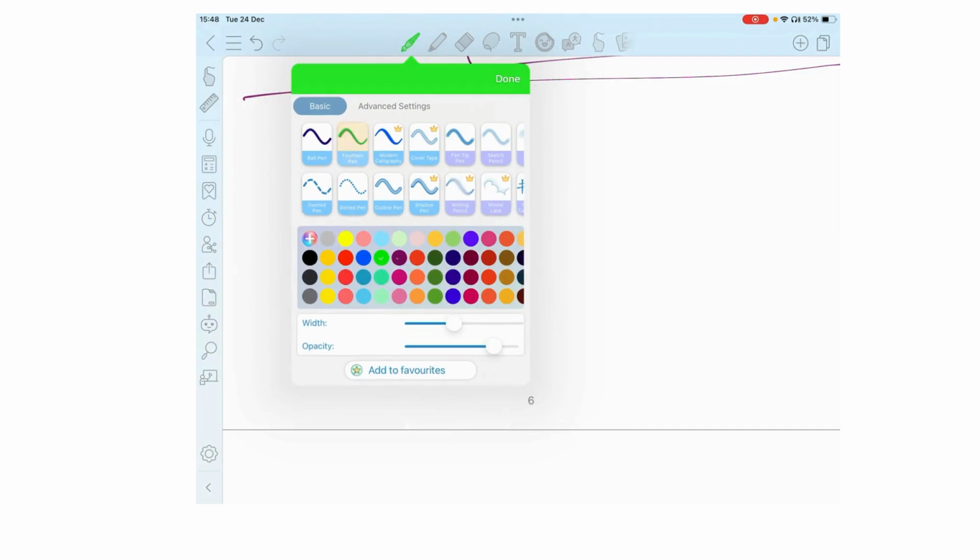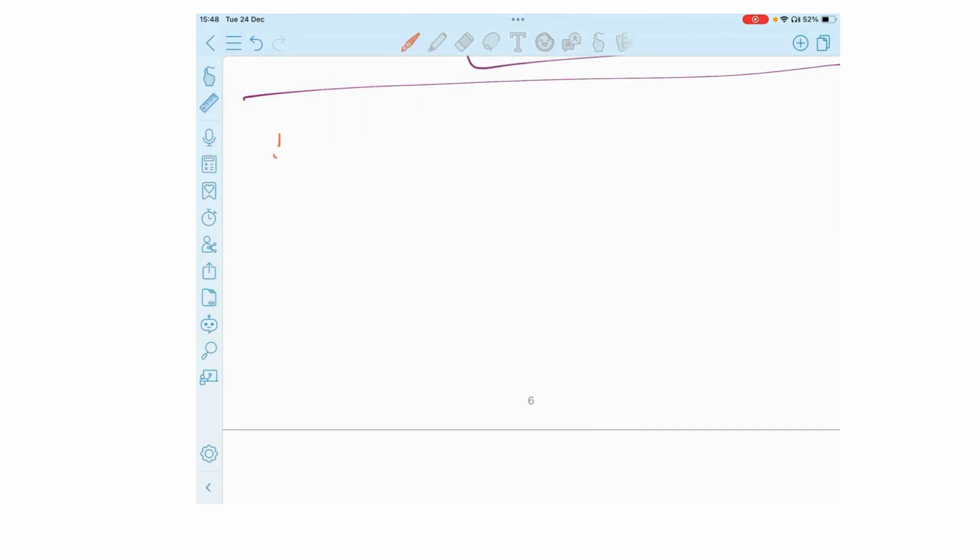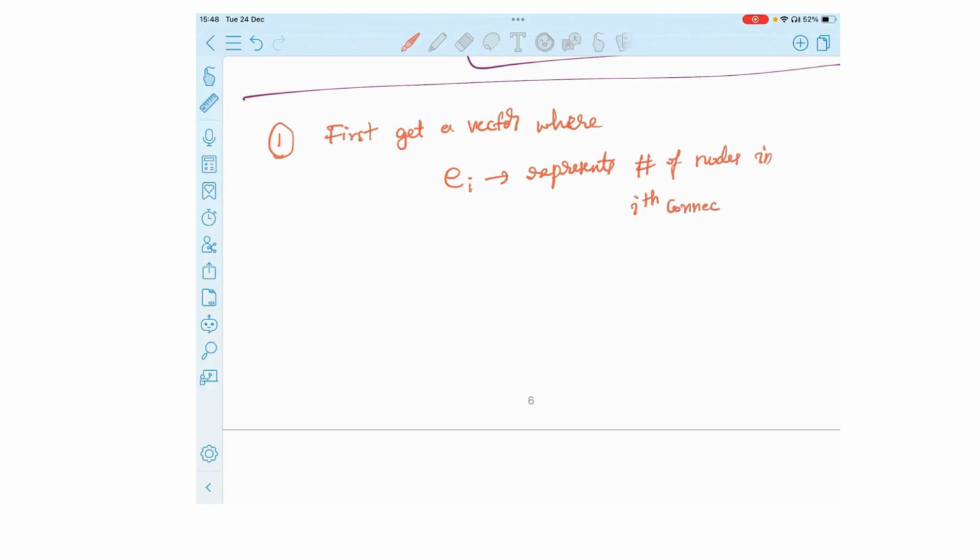Now the algorithm goes like this. First, get a vector where the ith element of the vector represents the number of nodes in the ith connected component.